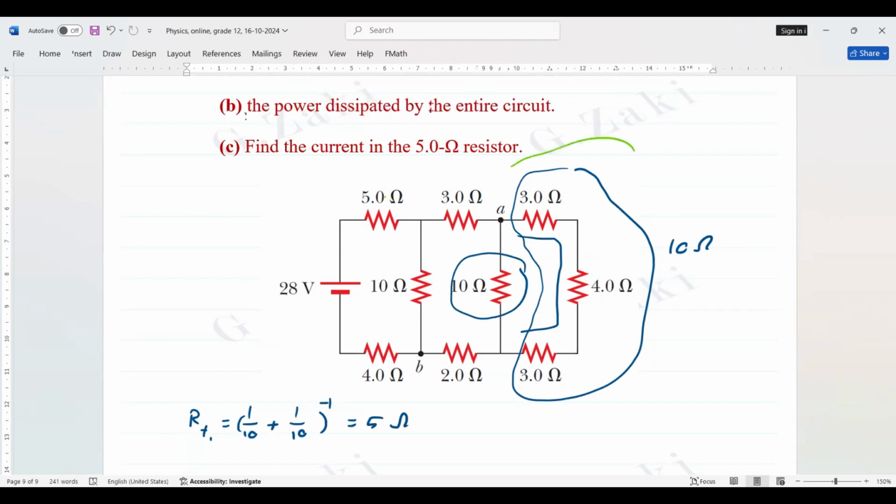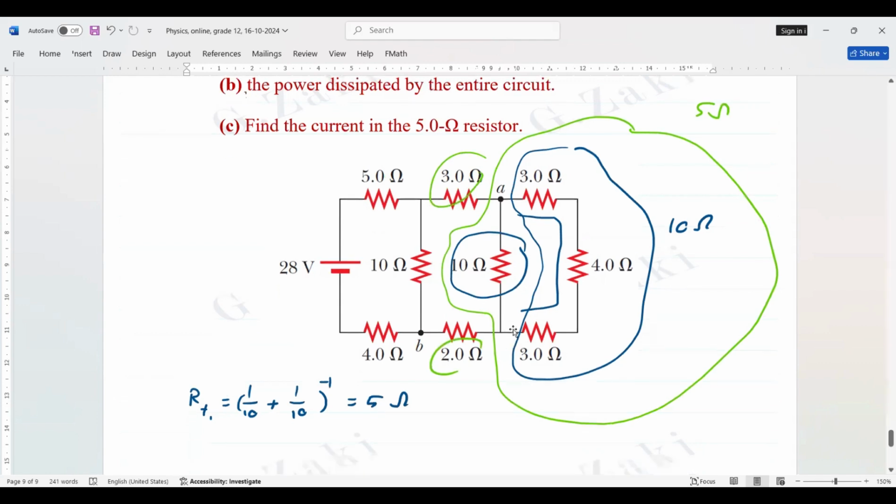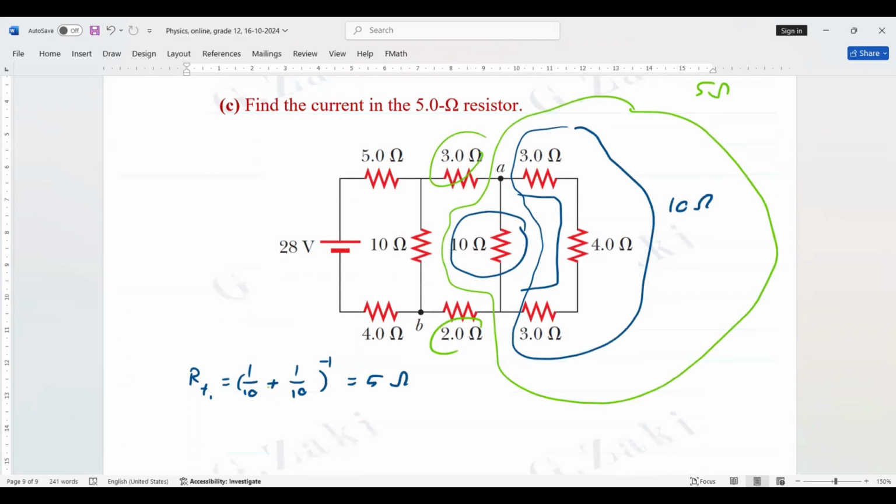Then we replace that by 5 ohms. 5 ohms, 3 plus 2, then the total 5 plus 3 plus 2, it will be 10 ohms. Then that branch, 3 plus 5 plus 2, it is again 10 ohms. 10 ohms and here 10 ohms, then it's 5 ohm.